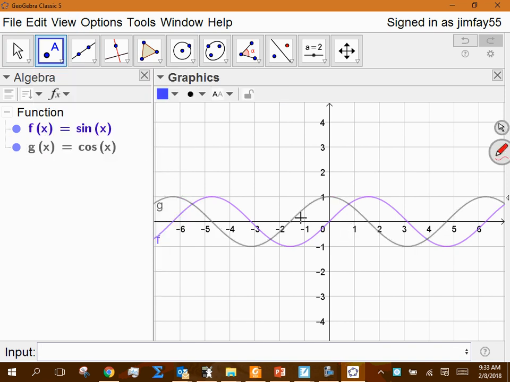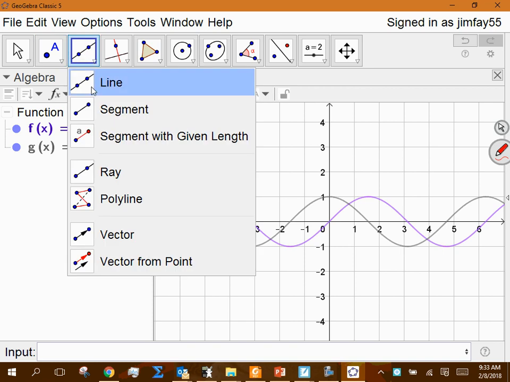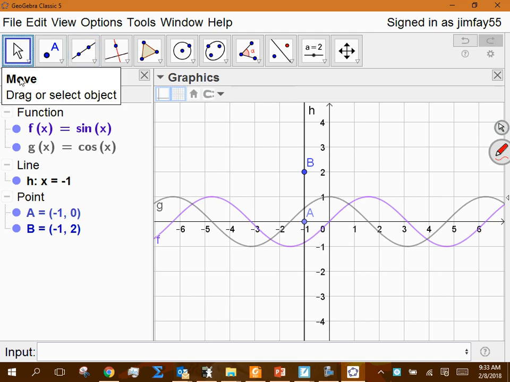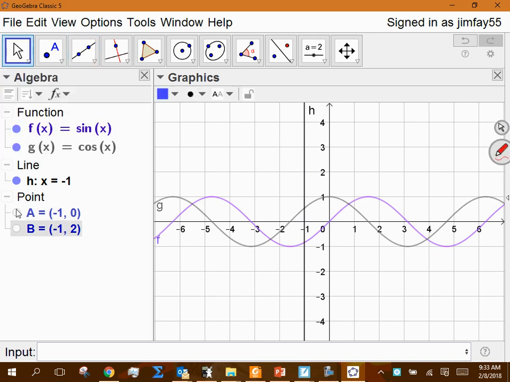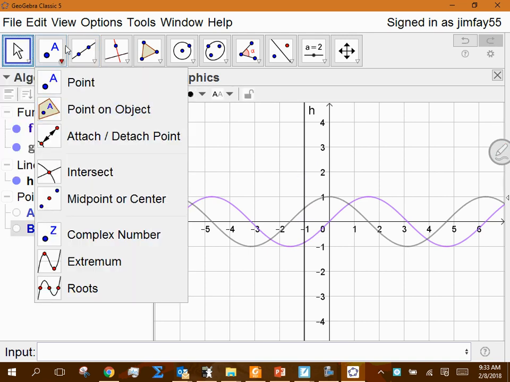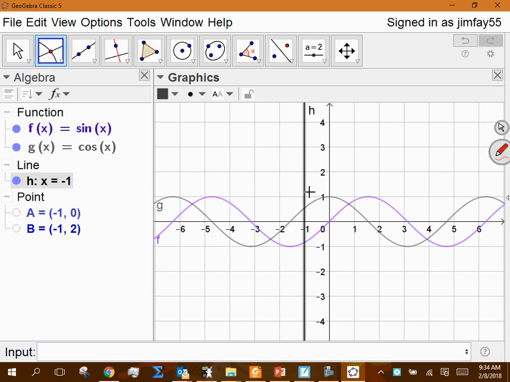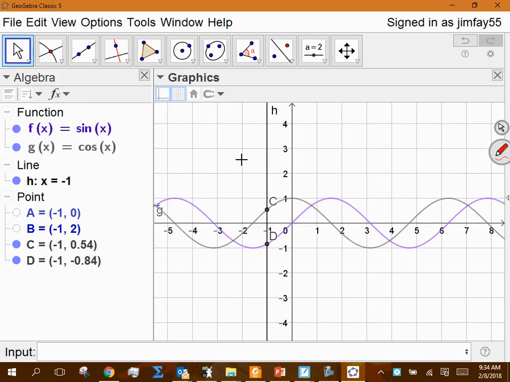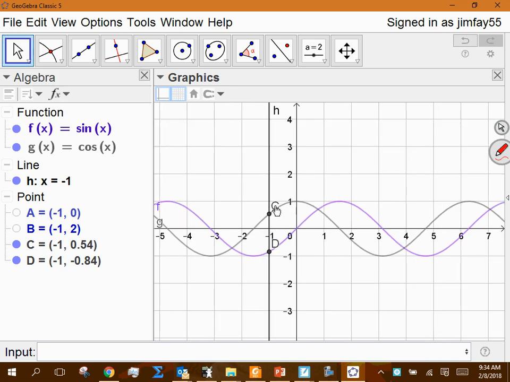Okay, let's do it this way. We got a line. All right, so these two points, C and D, are the y values from sine and cosine, right?